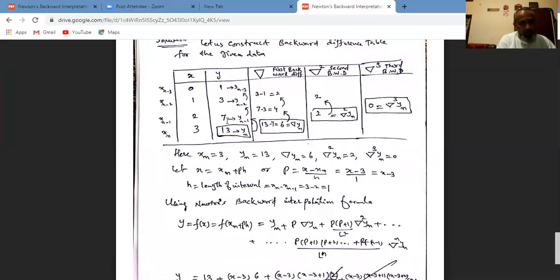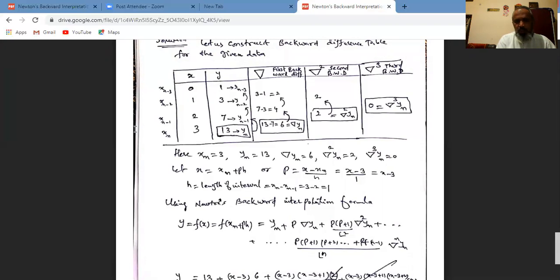What value have we got here? 9.75. 9.75 lies between these two values, 7 and 13. It shows that our answer is correct. So the value at x is equal to 2.5 is 9.75, which lies between 7 and 13, meaning this is the correct value. In this way, we can determine the value of the function by using Newton's backward interpolation formula.